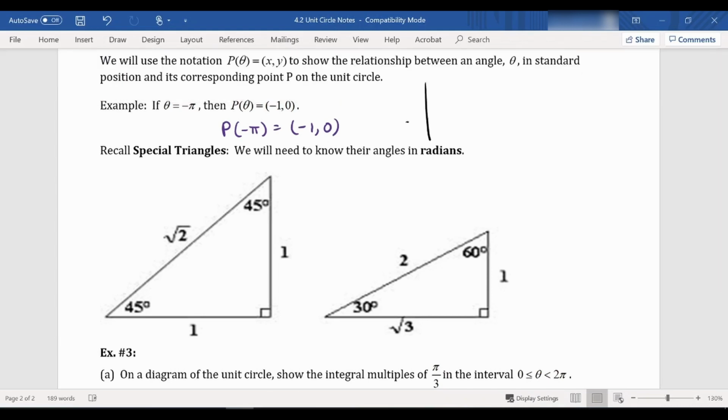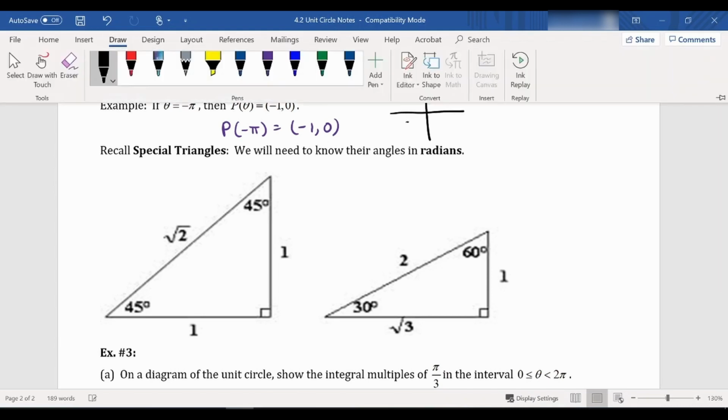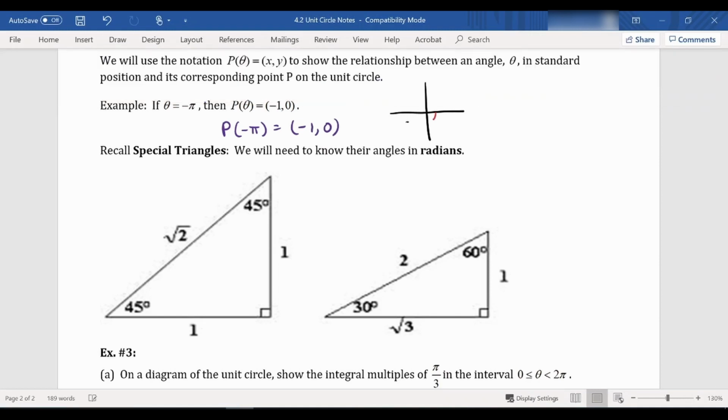If we look at our quadrant system, the angle negative pi means we're traveling in the clockwise direction by pi radians, which leaves us on the negative x-axis. And we know for a unit circle, the point on the negative x-axis was negative 1, 0. The point associated with negative pi radians is negative 1, 0.